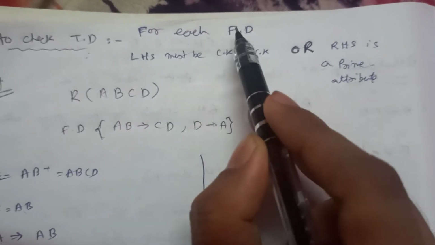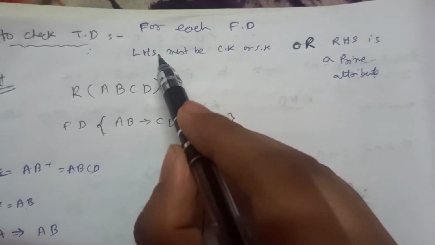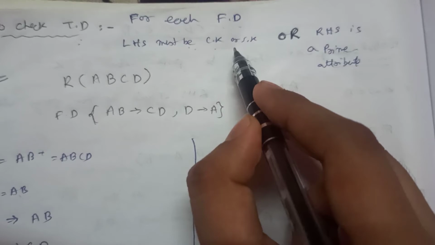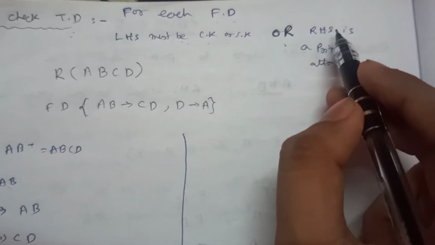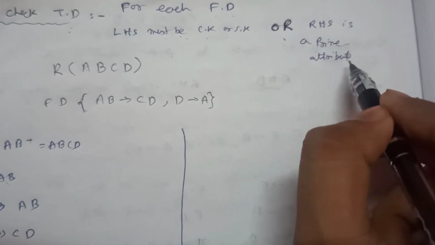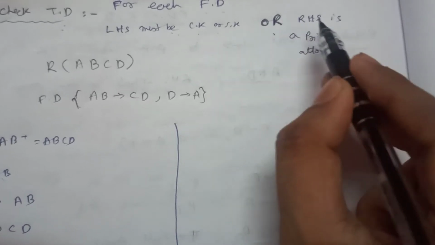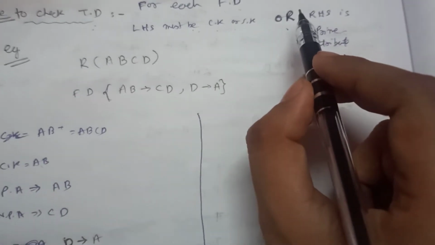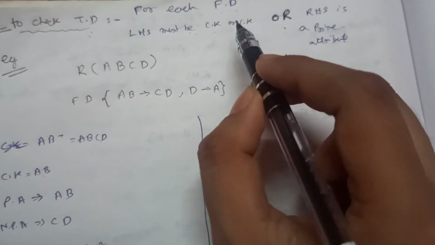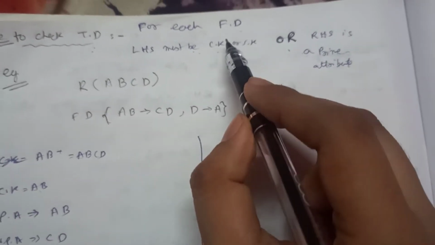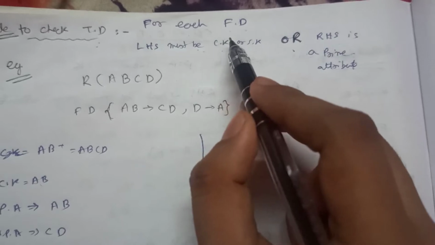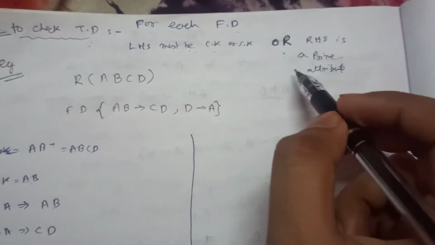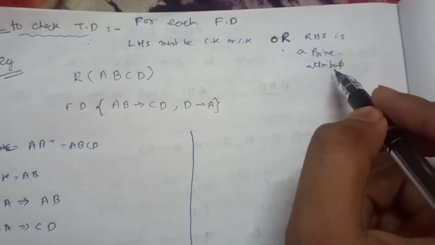For each functional dependency, the left hand side must be a candidate key or a super key, or the right hand side must be a prime attribute. So what are the rules? The left hand side must be a candidate key or a super key, or the right hand side must be a prime attribute.